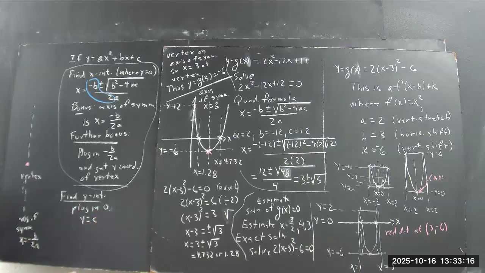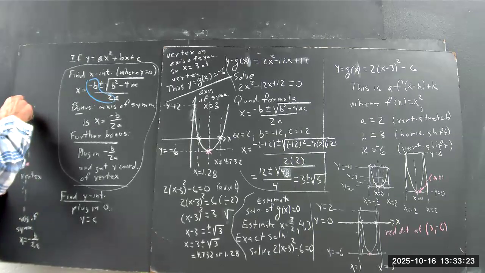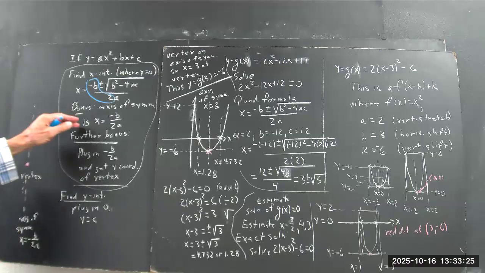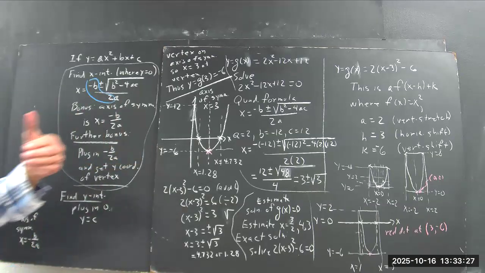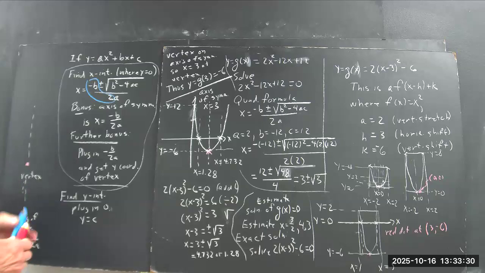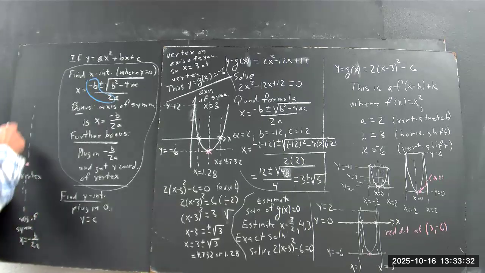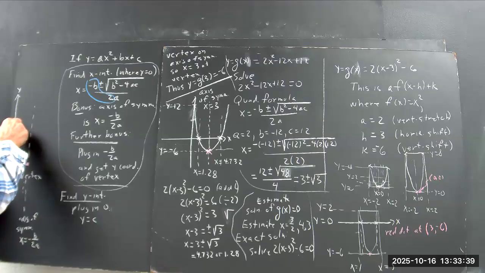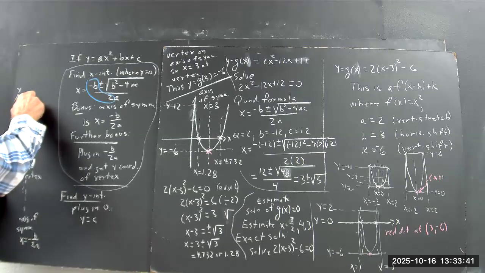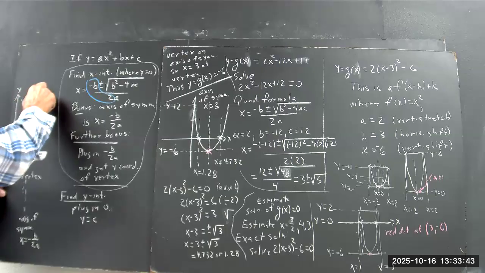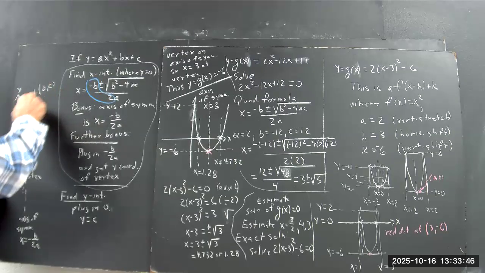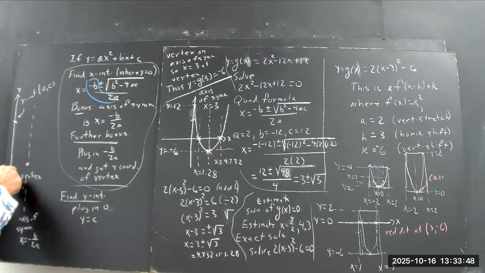Okay, where's your y-axis? Well, that depends on where the axis of symmetry is. And it's over here somewhere, so we'll just put the y-axis could be to the left of the vertex or to the right. The vertex could be in any quadrant, right? Depending what your numbers are. But we'll just put a y-axis over here, let's say. And that's going to be at the point that's (0, c).